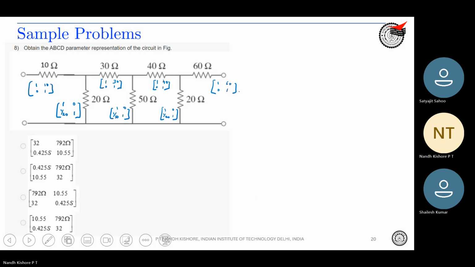So you have to multiply each and everything. What I'm doing is writing the multiplication for the first two matrices. The first multiplication will be how much? So 1, 10, 0, 1 and 1, 0, 1 by 20, 1, right? 1 plus 10 by 20, correct?